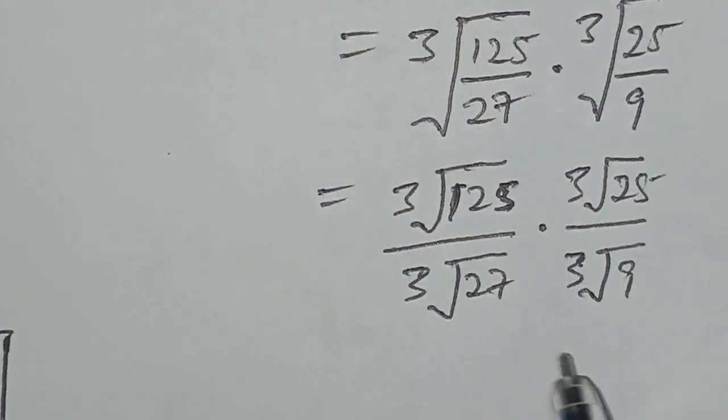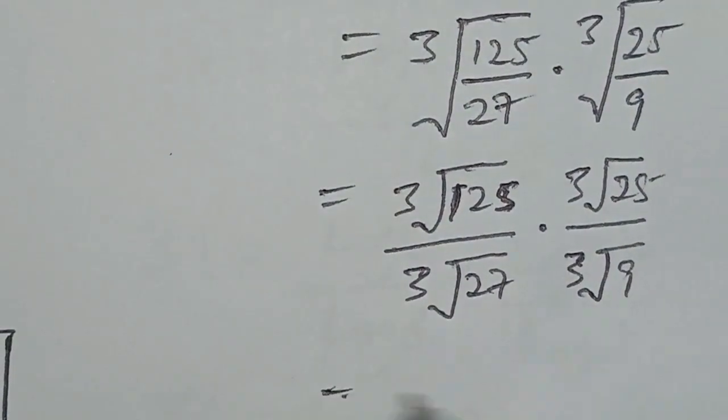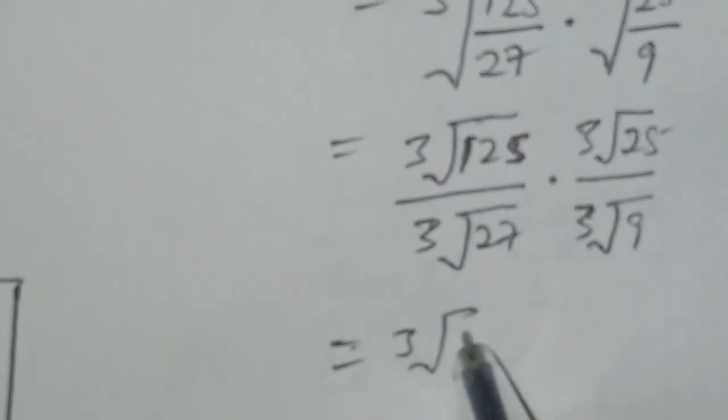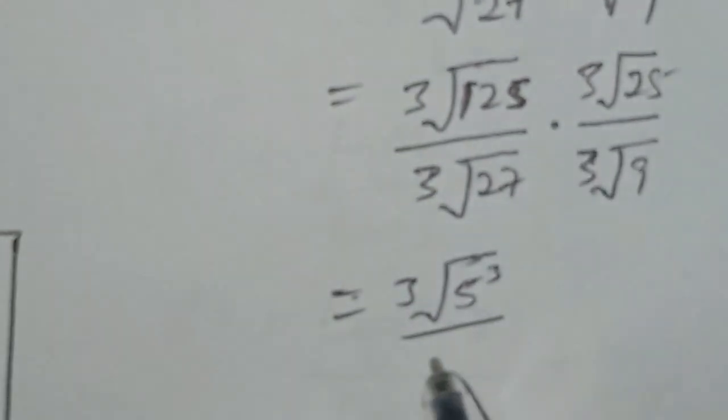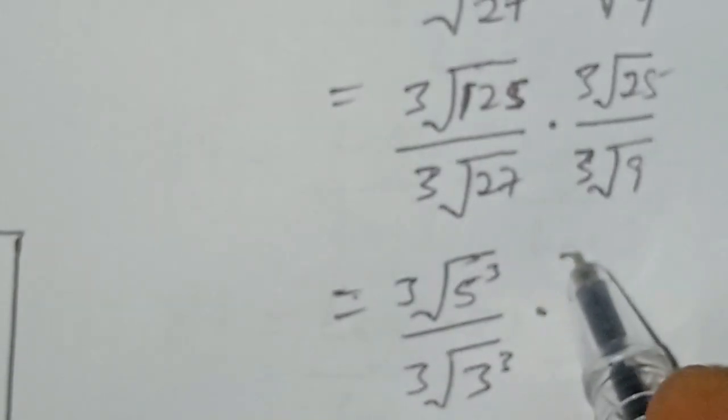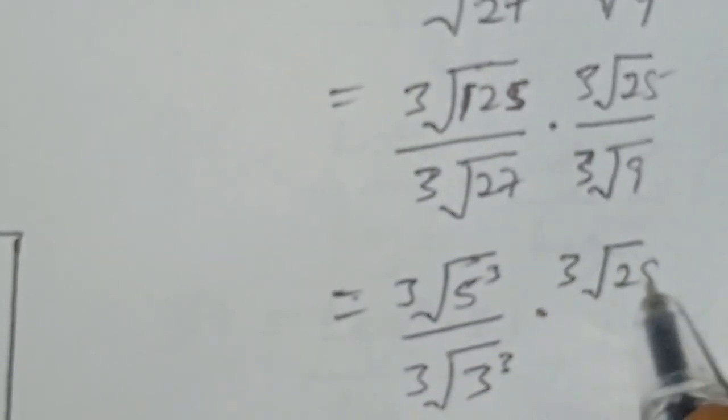So as we can see, this is expressed as the cube root of 5 to the power of 3 over the cube root of 3 to the power of 3, multiplied by the cube root of 25 over the cube root of 9.